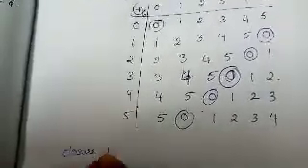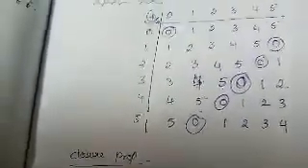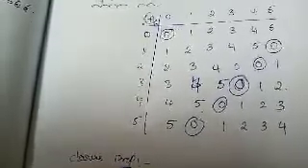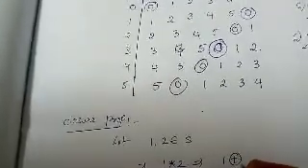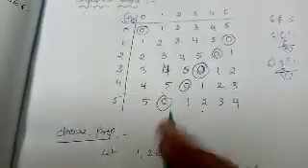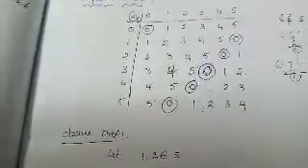So what is that? The closure property. In the closure property, let us take any two elements. Let 1, 2 belong to S. Which implies 1 star 2, that is 1 addition modulo 6 2. From the composition table, 1 addition modulo 6 2 is 3, and 2 addition modulo 6 1 is also 3.